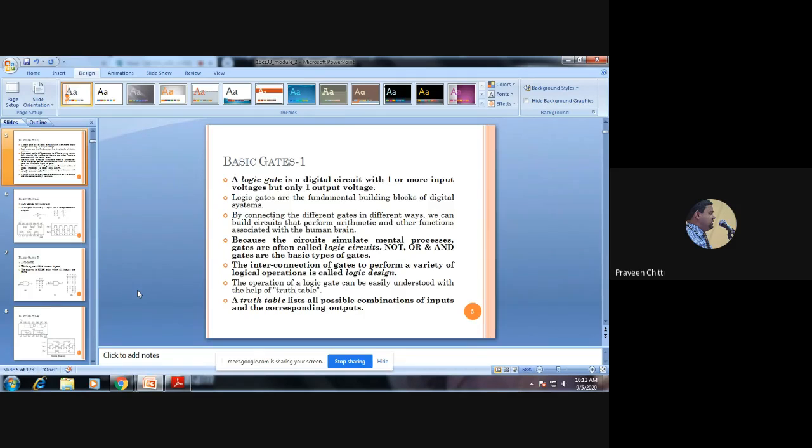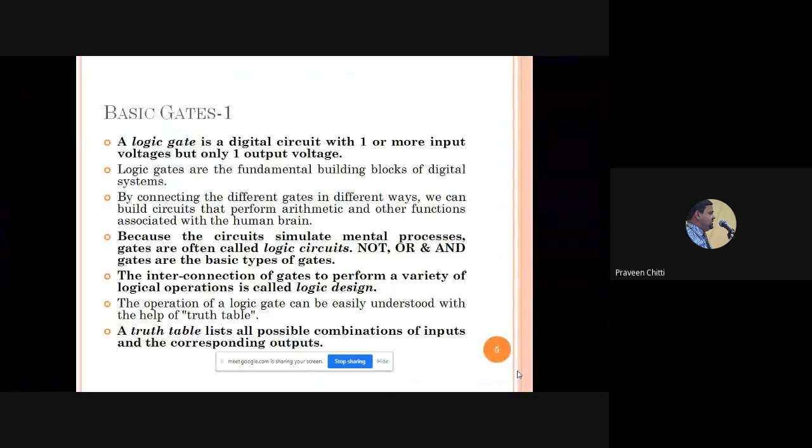On the other hand, if you use reverse, 5 volt to represent low level and 0 volt to represent high level, then that system is called negative logic digital system. And the basic building block of all digital systems, whether they follow positive or negative logic, is the logic gate.